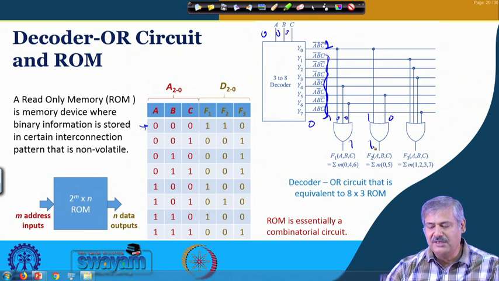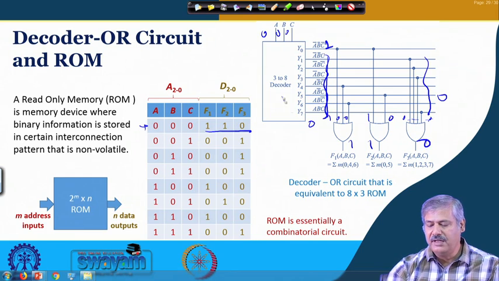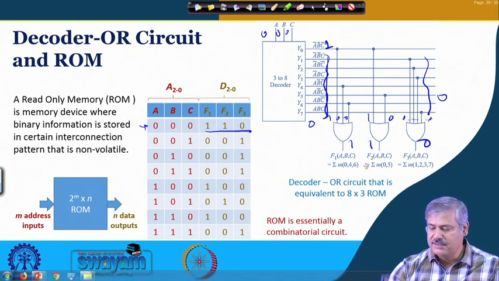So this output will be 1 and here all these inputs are 0 because they are coming from here. So all the inputs to the OR gate will be 0, right. So this output will be 0. So if you put 0, 0, 0 you will be reading at its output 1, 1, 0 as D2, D1 and D0.